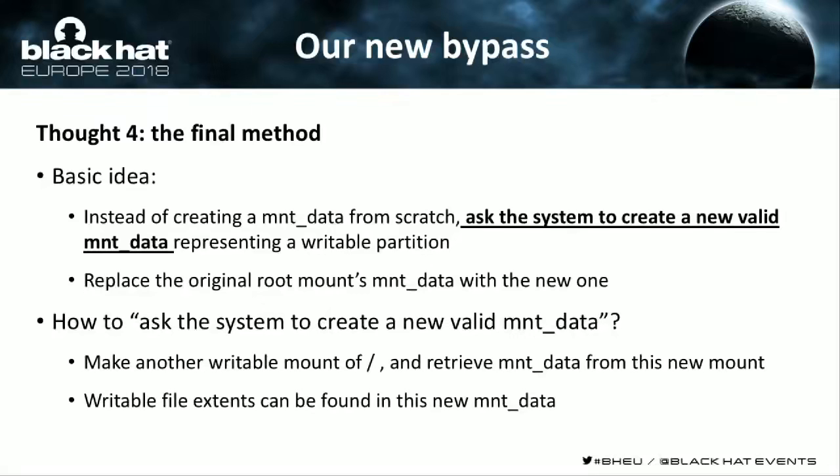And here's another question: how to ask the system to create a new valid mount data for us? My solution here is that we can make another writable mount of the root partition and retrieve the mount data from that new mount, and then we can find the valid extents from this new mount.